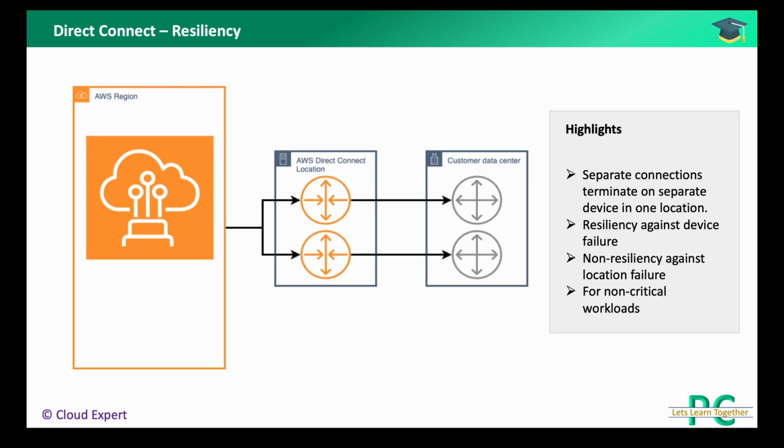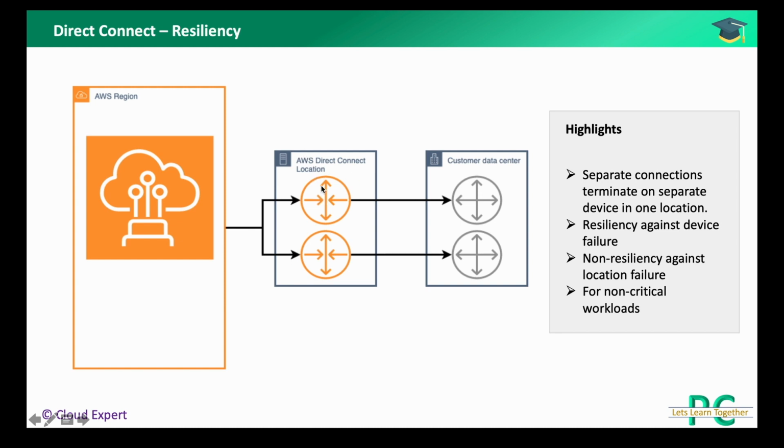The option is this. You can choose a Direct Connect location, and there you can select two cable connections or two Direct Connect connections. That means if you see this network topology, you will have a separate connection terminated on a separate device in one location. That means you are hiring two AWS routers for two Direct Connect connections.